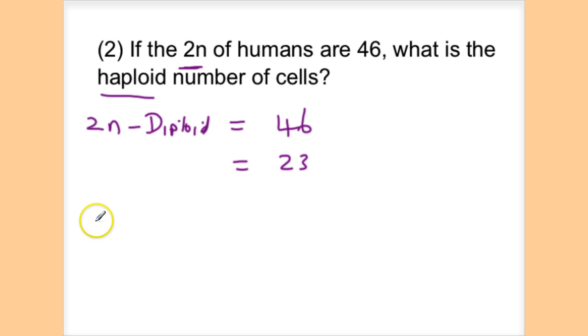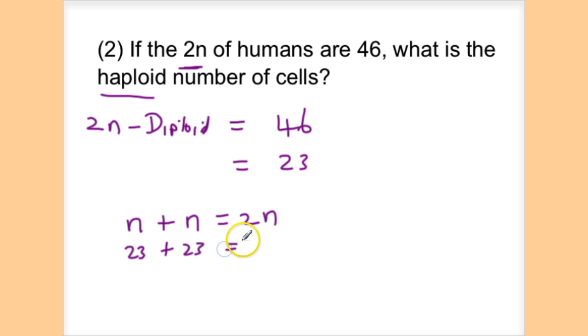Simple as that. So the math of this is that n, which represents the sperm, plus n, which represents the egg, will give you 2n. If we use numbers for humans, it will be 23 plus 23 equal to 46.